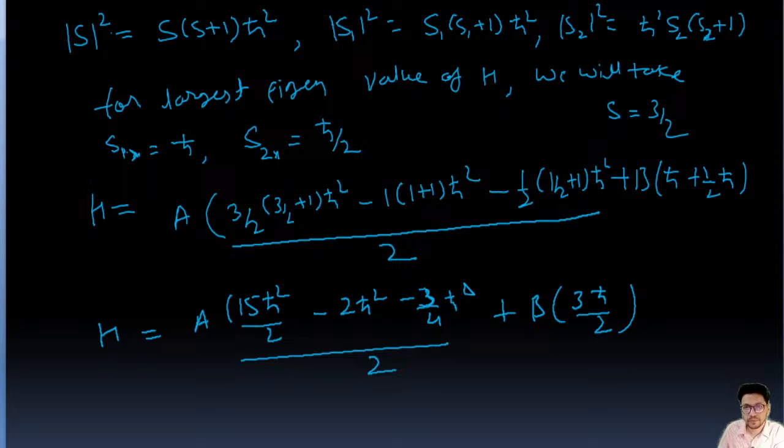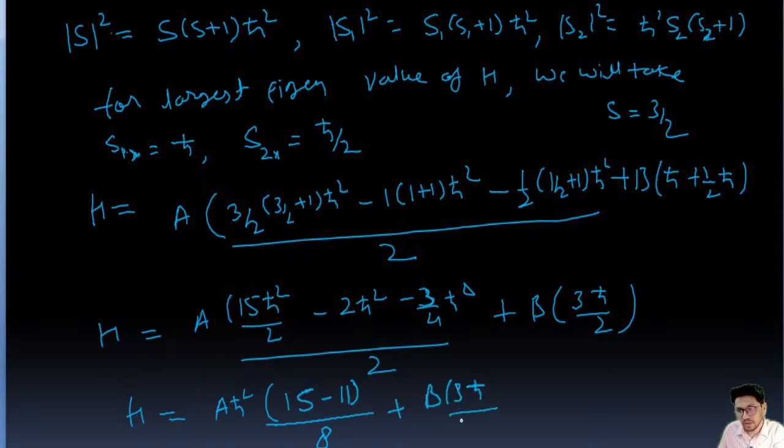So the value of H is going to be, we'll take the LCM, which is 4, and this is a into 15, a h cut square we'll take common, 15 minus 11, okay, so 11 upon 8, plus b, 3 h cut upon 2.